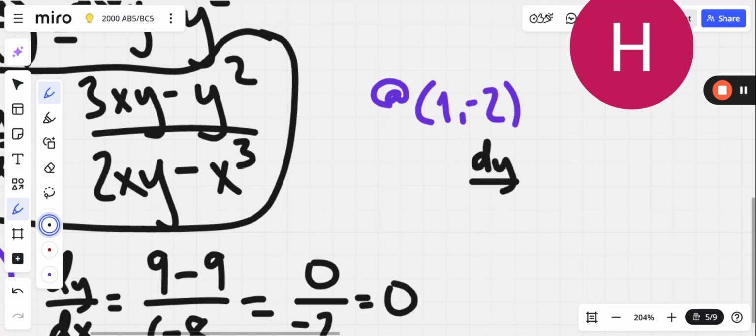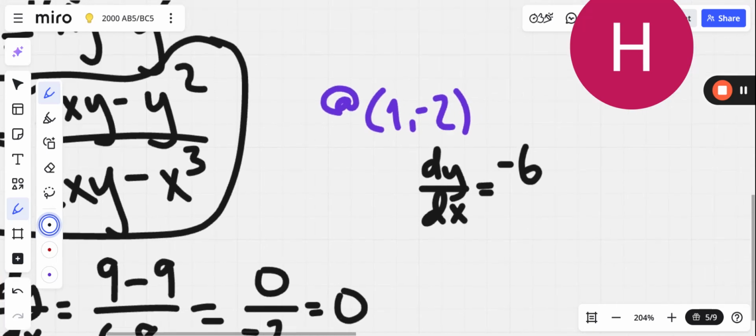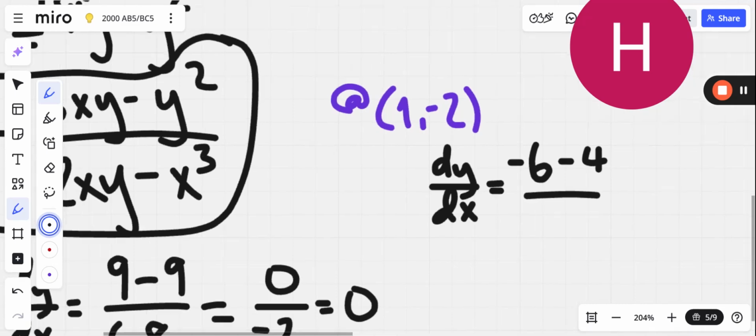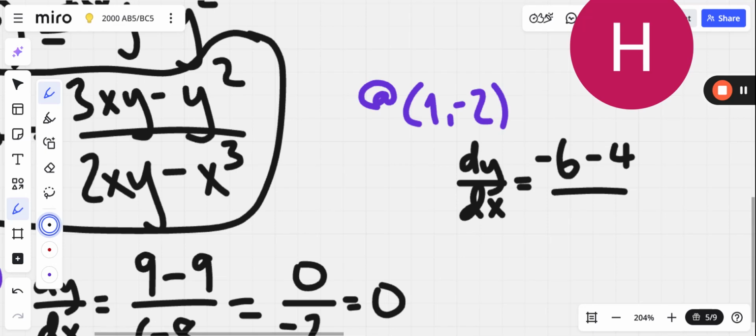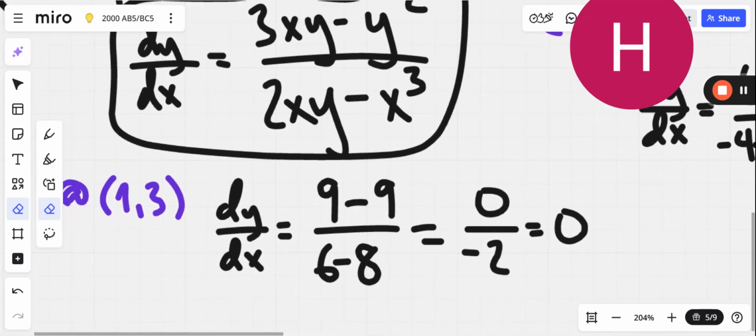dy dx equals 3 times 1 times negative 2 minus, careful, negative 2 squared, which becomes a positive 4, but we are still subtracting it, over 2 times 1 times negative 2 minus, oops, I think I didn't plug the x in correctly over here.